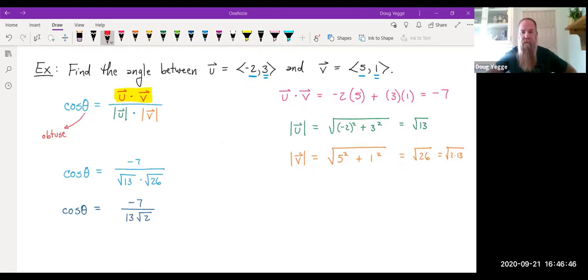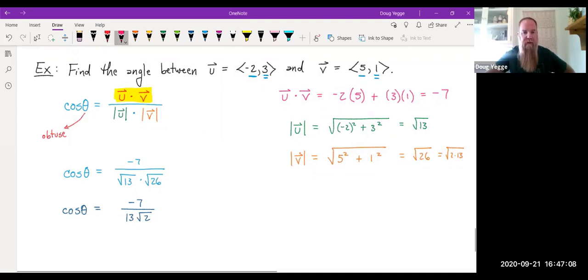And we want to make sure that we're punching it in correctly, so we could see negative 7 divided by 13 times the square root of 2. And there's our answer. Now, notice how cosine of theta is this negative quantity. We now need to take cosine inverse of that and realize that my angle is approximately 112.38 degrees.